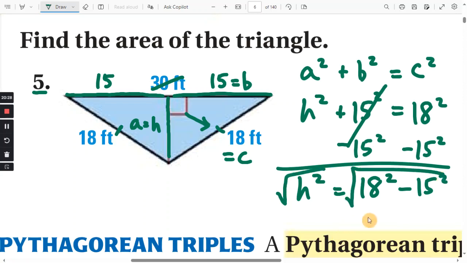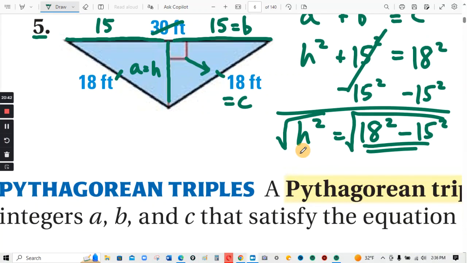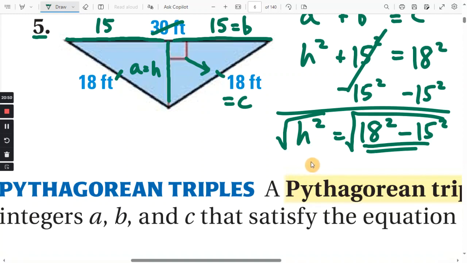So I'm going to do this whole thing on the calculator. If you want to do this part first and then hit square root, you can do it that way as well. Okay, I get a decimal. So you could use the decimal and round it off, but it's better to only round it off at the end. So square root of h squared is just h.